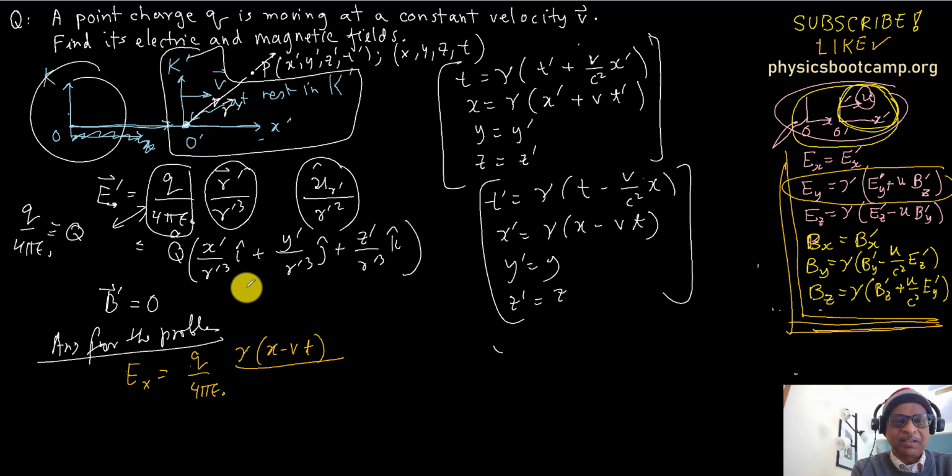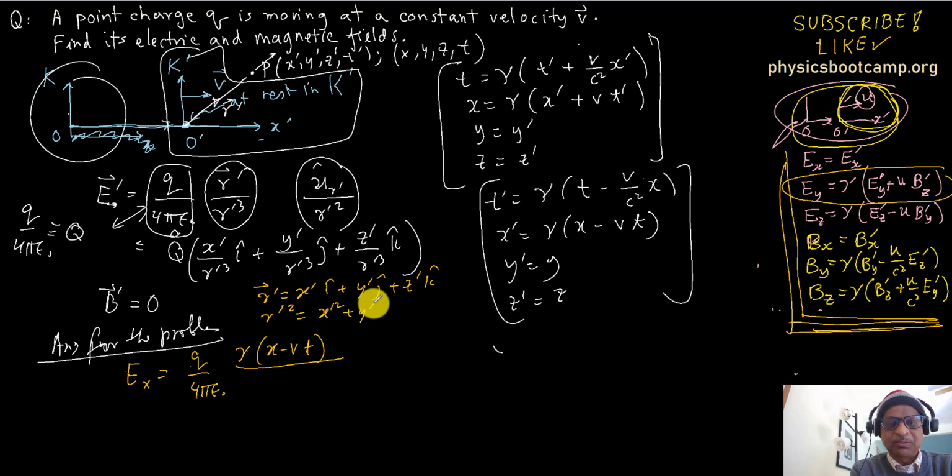So if you look at r prime, the vector is x prime i hat plus y prime j hat plus z prime k hat. So r prime square is just x prime square plus y prime square plus z prime square. But y prime is y and z prime is z.